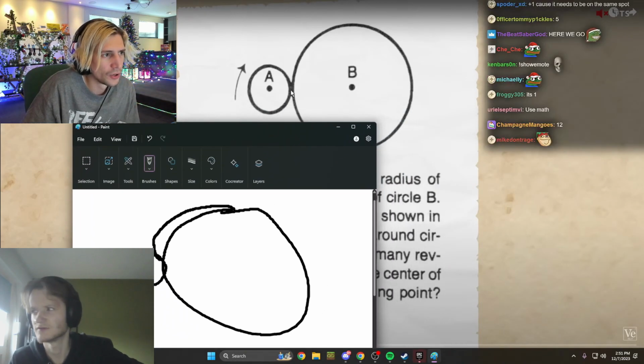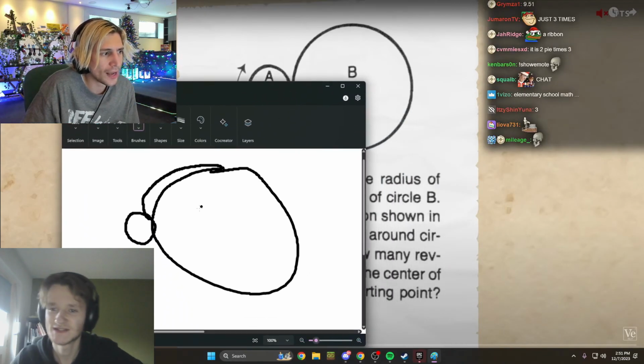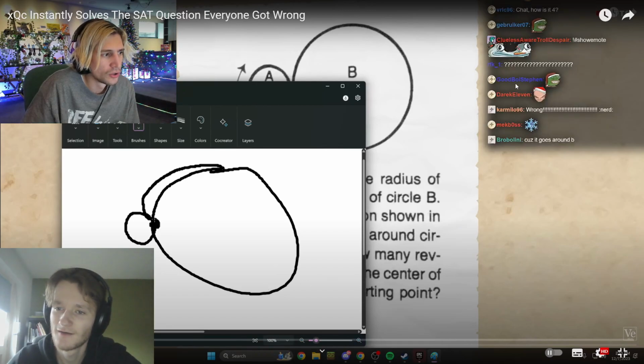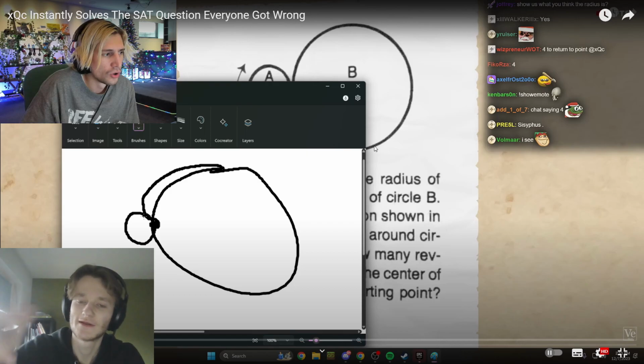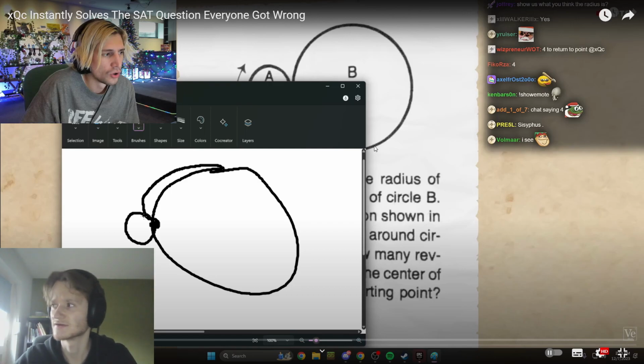It should be 3, right? But why is chat saying 4? No, because you have the formula. A has a circumference of 2/3 pi, then B has a circumference of 2 pi times the radius. But the radius is irrelevant.